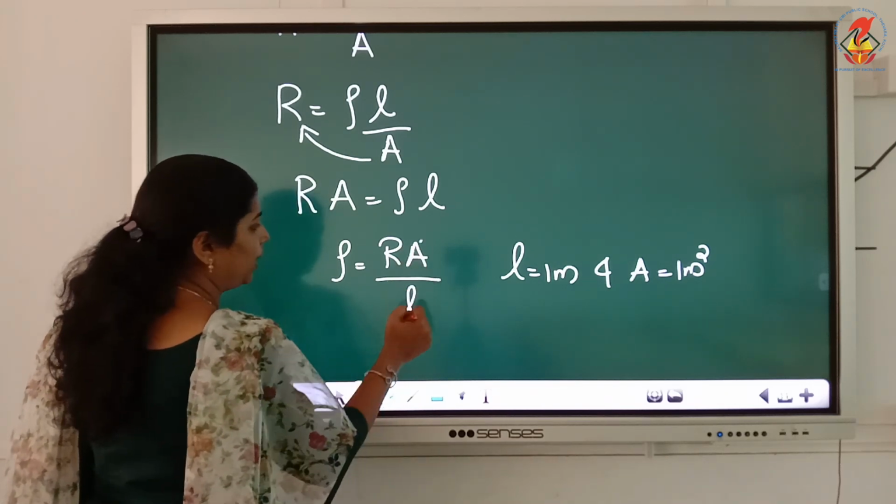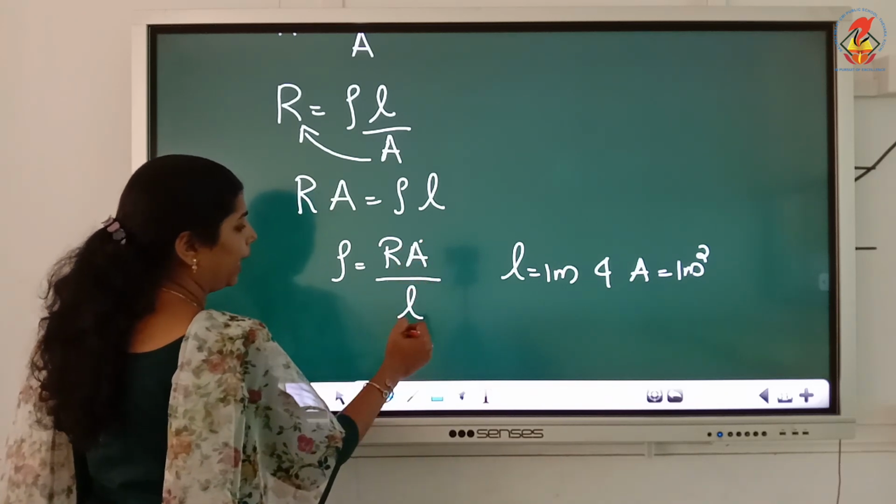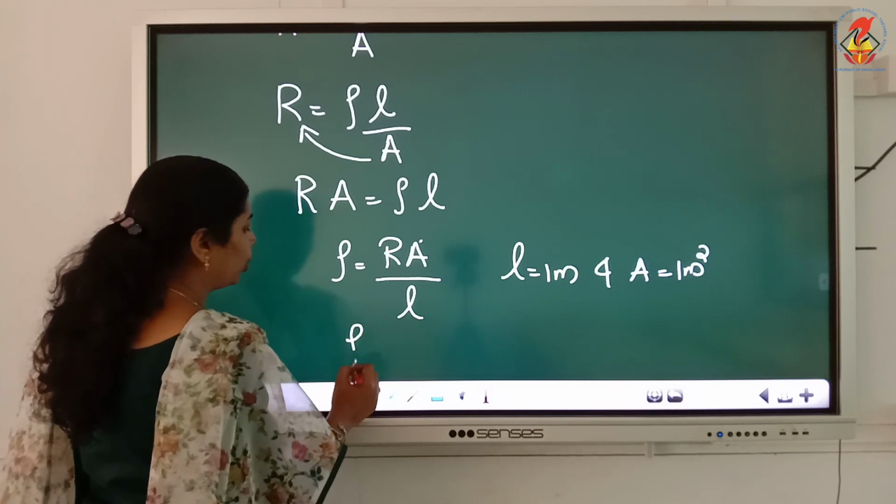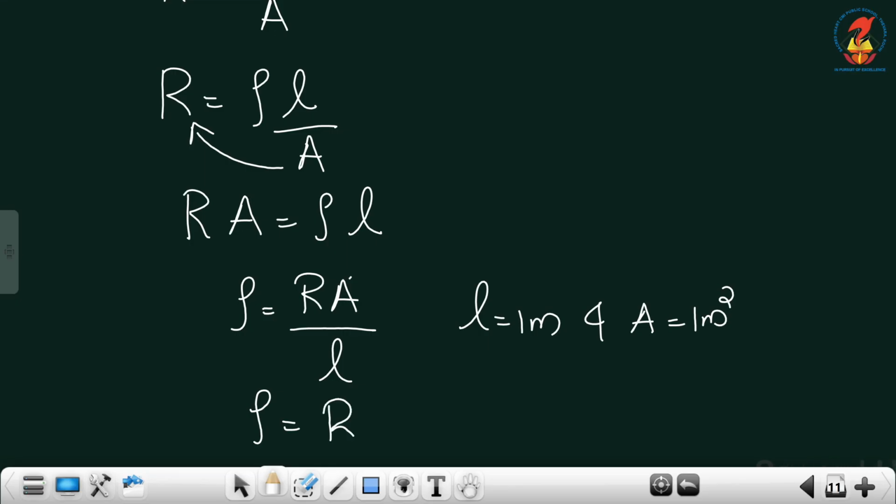A equals 1 and L equals 1. So, rho equal to R.